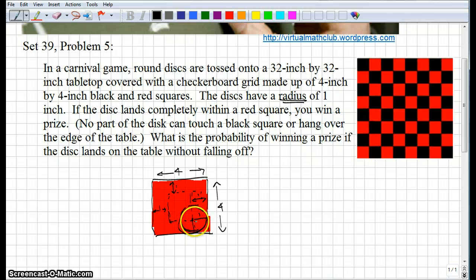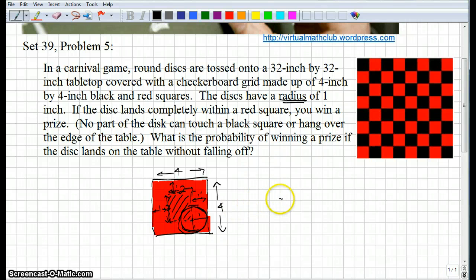So essentially, the valid area for the center to land is in this middle area here. How big is that? We're 1 inch from this edge, 1 inch from that edge, so this is 2 inches across, or 2 inches this way. So it's a 2 by 2 square in the middle of the red square where the center could land and have the disc totally within the red square. That's where the center could land and we win the prize.